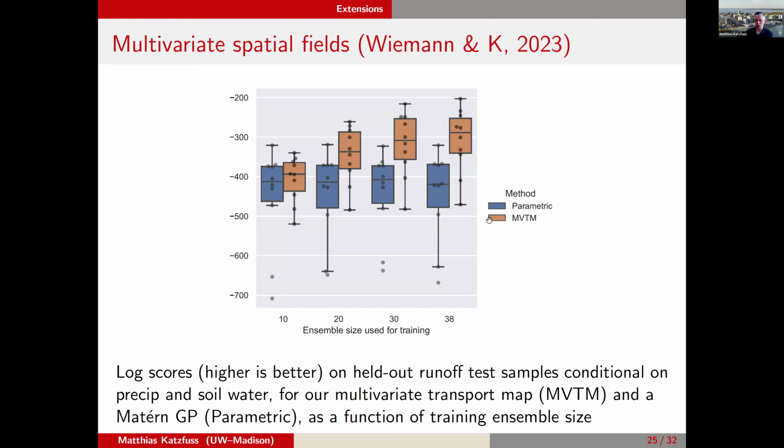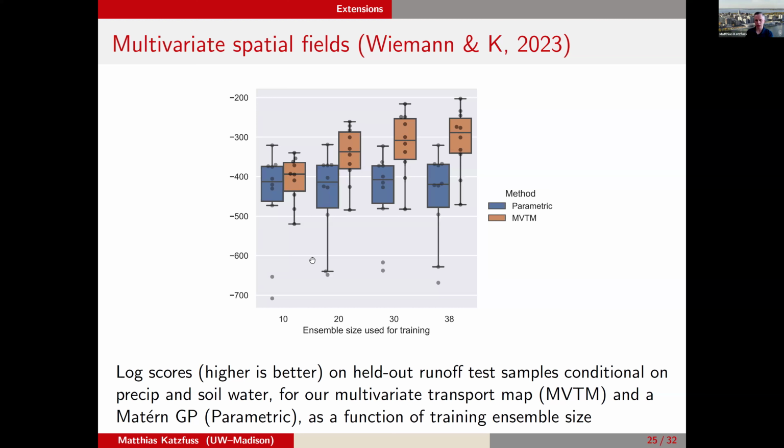And we're comparing our multivariate transport map, the reddish color, to just a parametric method, which here is a Matern GP that we fit to the same data and then try to compute the same conditional distribution for runoff given precip and soil water.